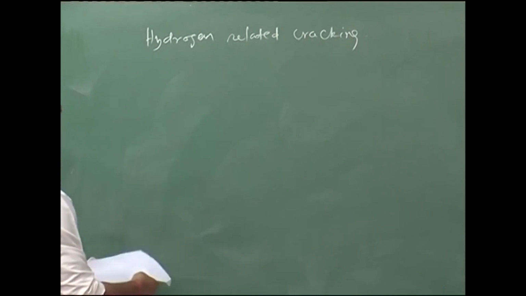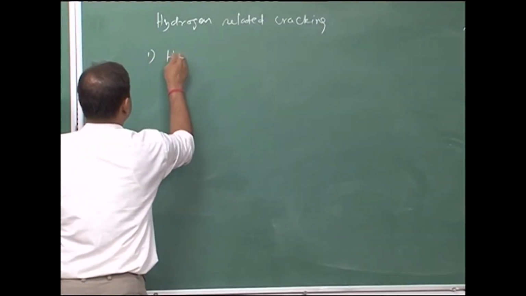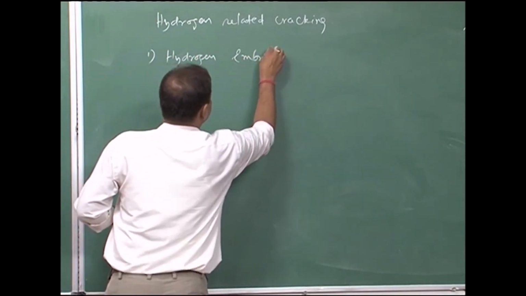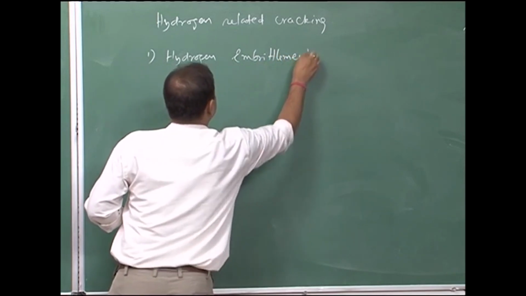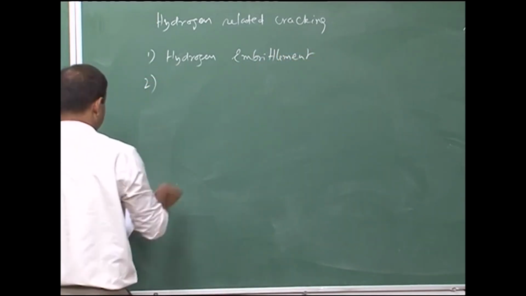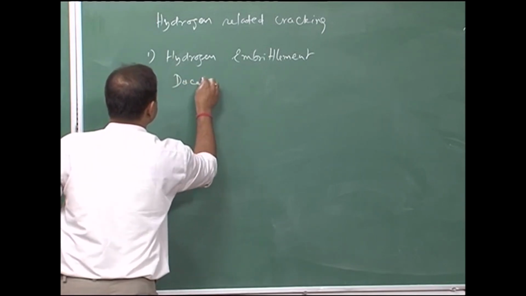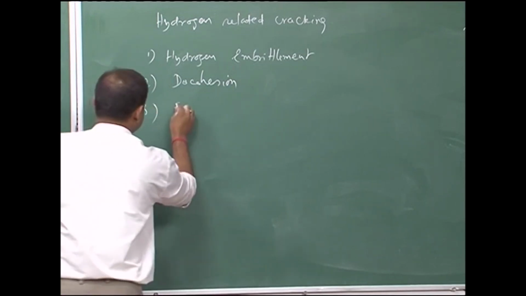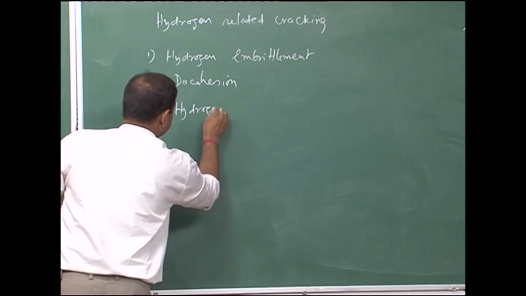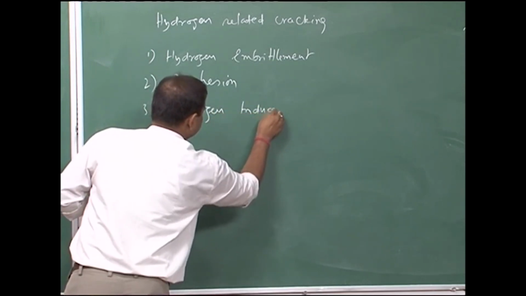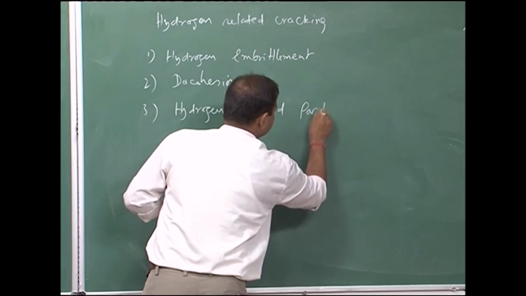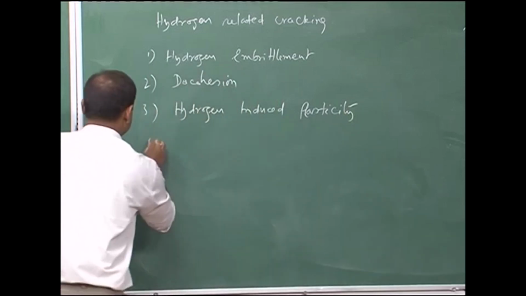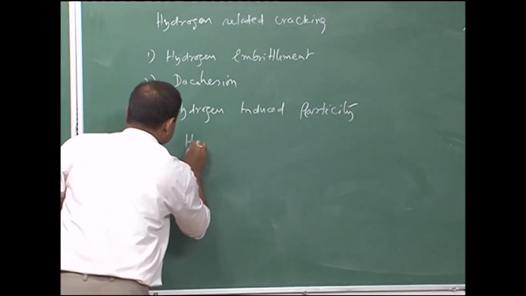In that section, you can have hydrogen embrittlement, then you can have decohesion, then hydrogen induced plasticity, then the fourth one, there could be hydrogen blistering.